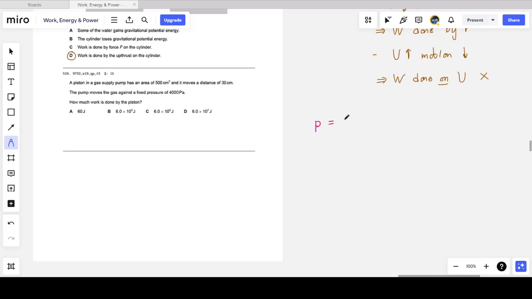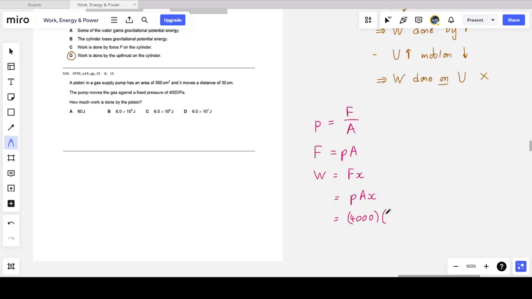The pressure in the piston is the force being applied against the piston over the area of the piston, meaning that the force is the pressure times the area. The work being done by definition is force times distance in the same direction. And so this is pressure times area times x, which we know the pressure is 4,000 pascals.